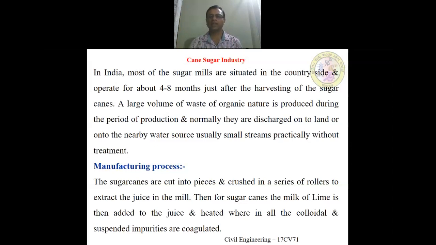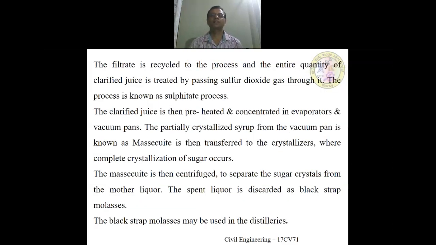Firstly, sugar canes are cut into pieces and crushed in a series of rollers to extract the juice in the mill. Then milk of lime is added to the juice and heated, where all the colloidal and suspended impurities are coagulated. So here lime is added to remove colloidal and suspended impurities.